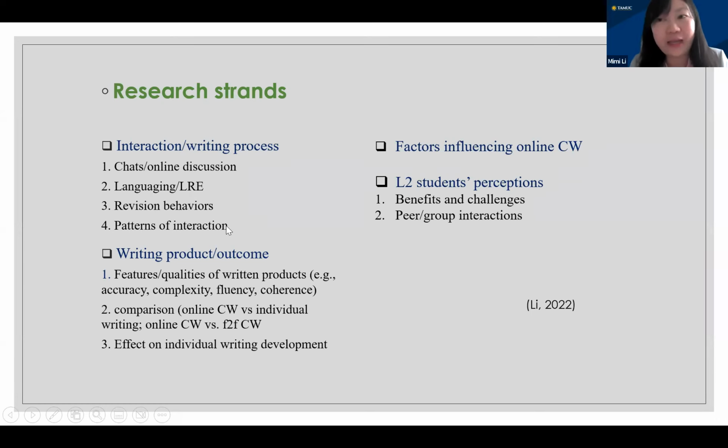And I will show you in my own study here. And also writing products, the features and qualities of writing products that I will address in my study as well, and a comparison between online collaborative writing versus individual writing, or online CW versus face-to-face CW, and also the effect on individual writing development.